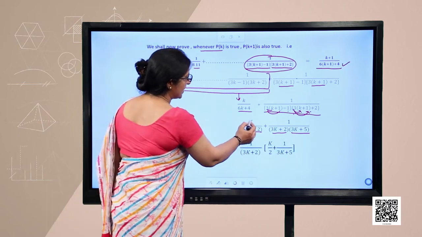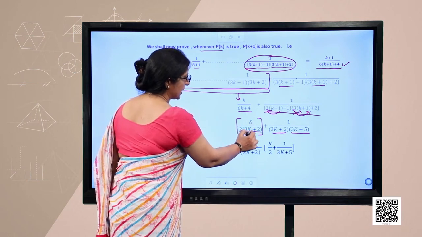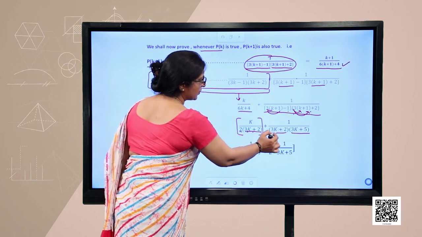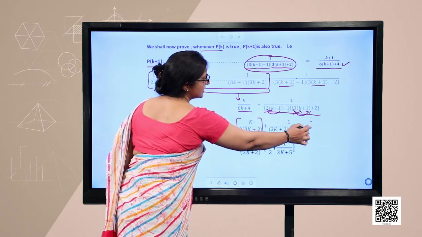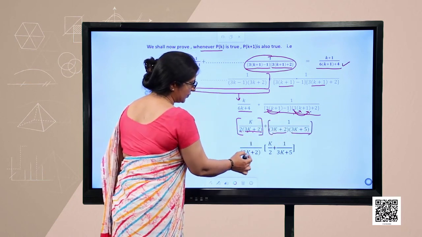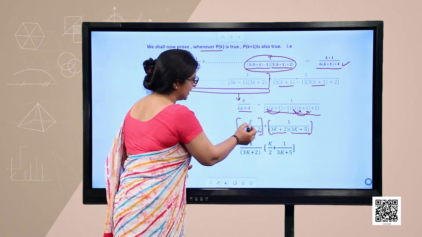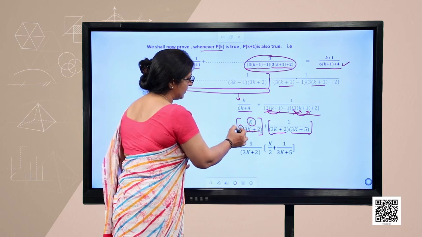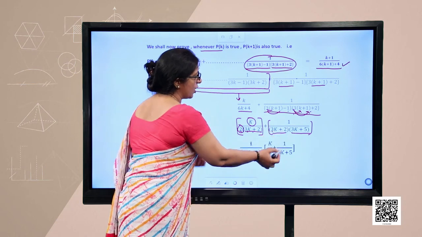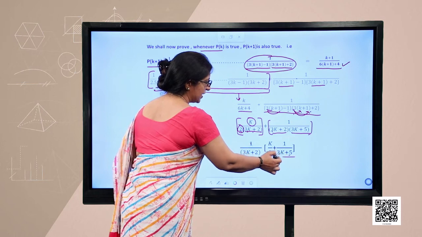Now as you can see, in the first expression 1 upon 3k plus 2 is common, and 1 upon 3k plus 2 is also there in the second expression. So we can take this term common, 1 upon 3k plus 2. What we are left with inside the bracket is k and 2 in the first expression, and 1 upon 3k plus 5.